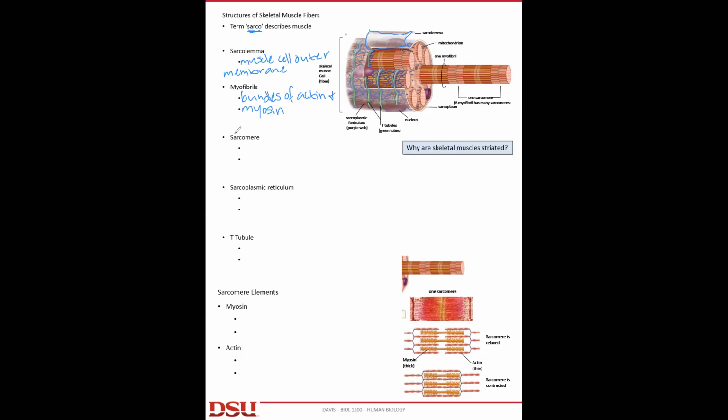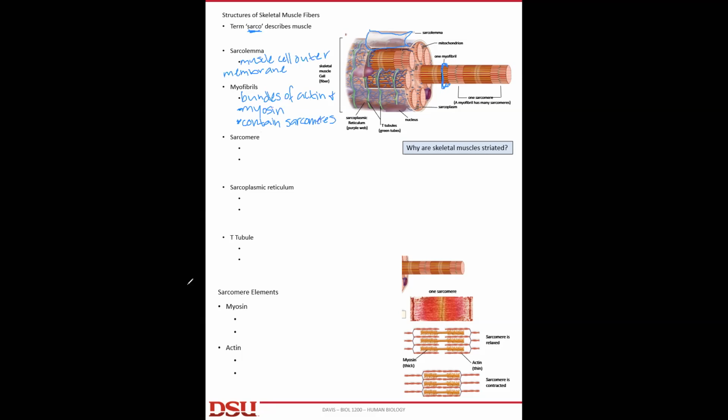Or actin and myosin, however you want to say that, because you can say it both ways. The myofibrils contain something called sarcomeres. Okay, so this right here is one myofibril.